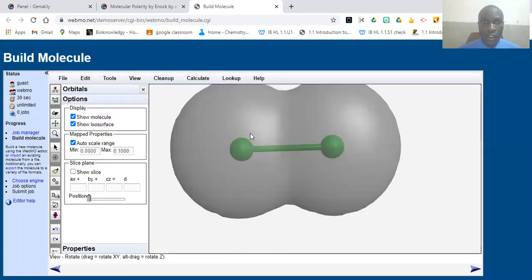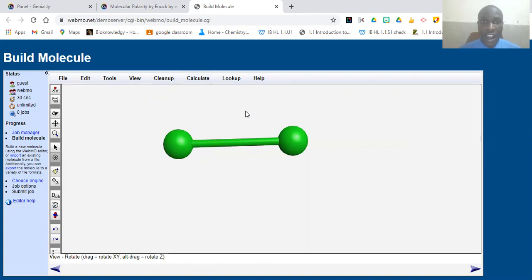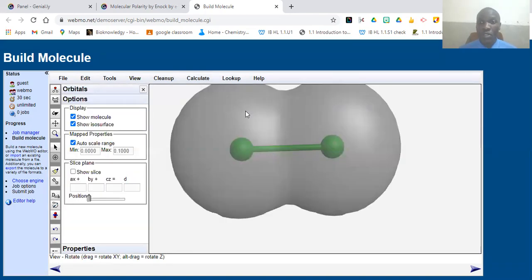Just look that the distribution is even. The distribution of electron density is even around chlorine. So there's no net charge distribution. Therefore, we say that this molecule is non-polar. Although the bond is polar, the whole molecule is non-polar.